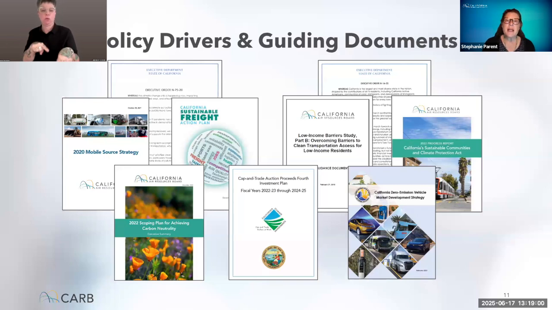Additionally, the funding plan supports executive orders and legislative mandates, such as the governor's executive orders on zero-emission technologies and also equity, and the California Sustainable Communities and Climate Protection Act.